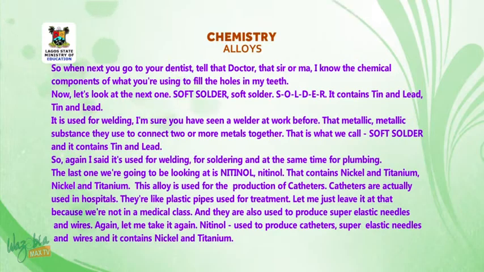Let me just leave it at that because we are not in a medical class. And they are also used to produce super elastic needles and wires. Again, let me take it again. Nitinol, used to produce catheters, super elastic needles and wires, and it contains nickel and titanium.